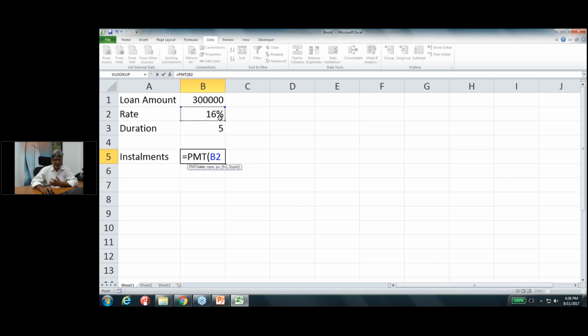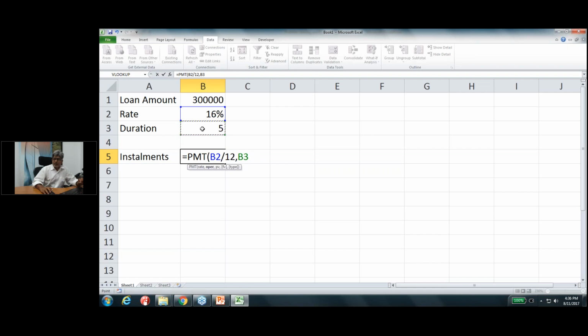Since we are calculating the monthly installment and it is the annual rate, we need to divide it by 12 to calculate the monthly rate. Then the next is the NPER, which represents the duration, and it is in B3.